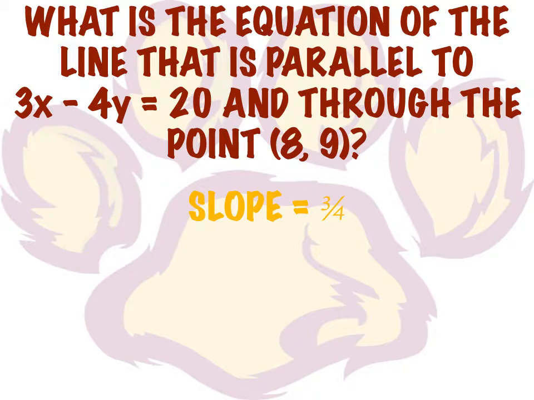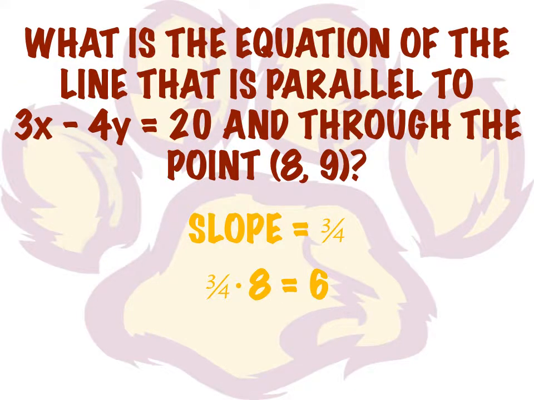Now that you have the slope, you take the slope and you multiply it by the x value. In this case, the x value of the point we need is 8. So 3/4 times 8 is 6. Now we go from that 6 and we try to make it equal to the y value. The y value is 9, so we're trying to figure out what we have to do to 6 to make it equal 9.